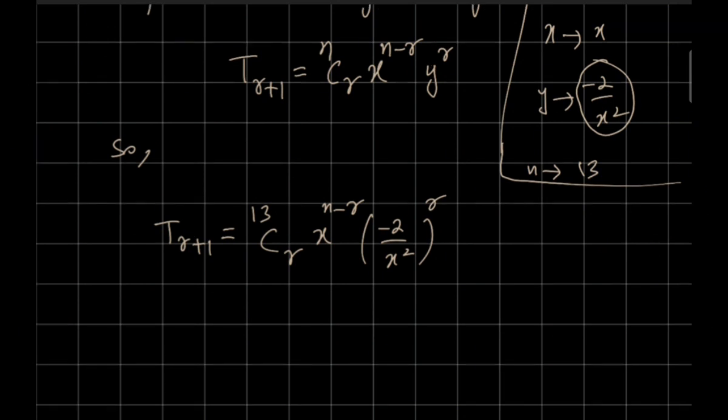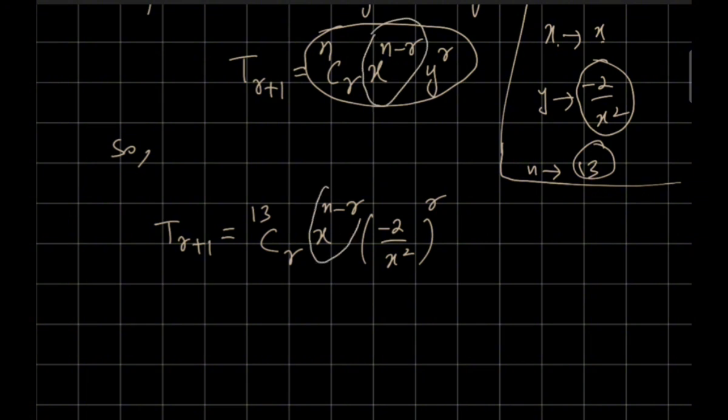You can again see I've replaced n by 13 in this expression, and x by x, which comes as it is. For the second term, y to the r, since we have to replace y by minus 2 over x squared, I have written minus 2 over x squared instead of y.